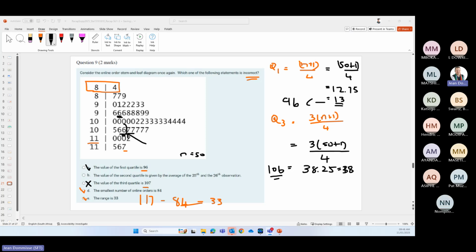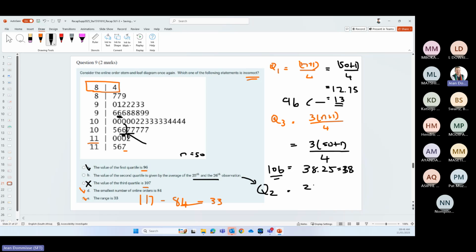This one is very close, so it is very easy to make a mistake with this one, because one can very easily say, okay, I'm going to round up to 39 and then make the mistake of using 107. Okay, and then let's just look at that one in the middle. The value of the second quartile is given by the average of those two, but let's use the formula as well.